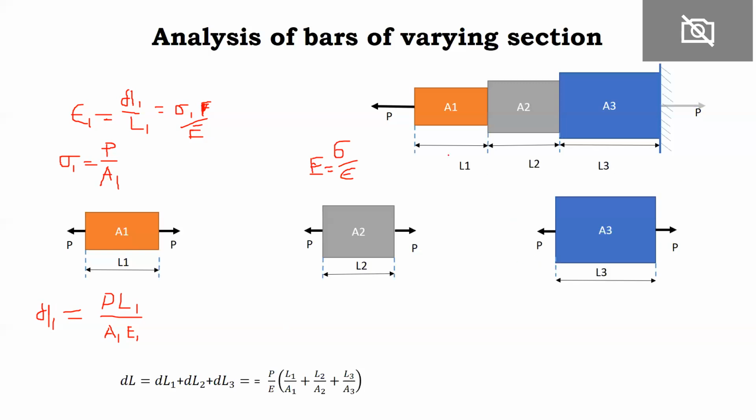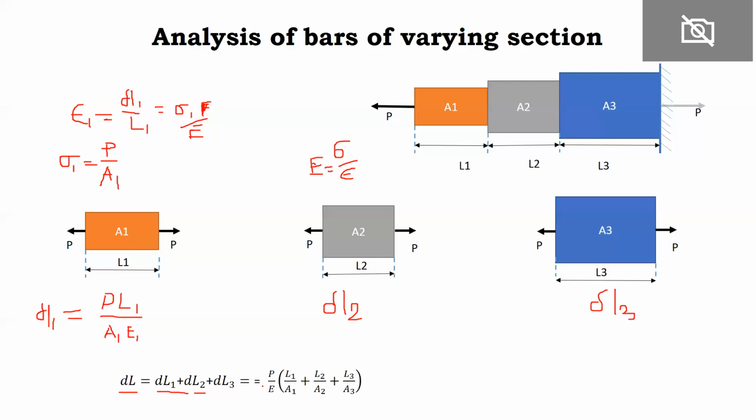If you want to compute the total elongation in this member due to application of this load P, that can be computed by using this formula. Delta L is equal to delta L1 plus delta L2, the deformation in member 2, plus delta L3, the deformation in member 3.